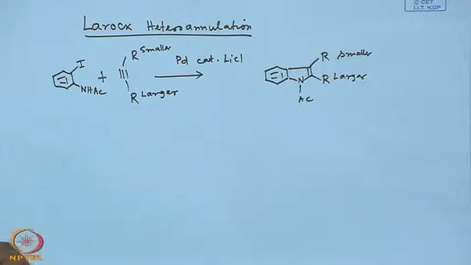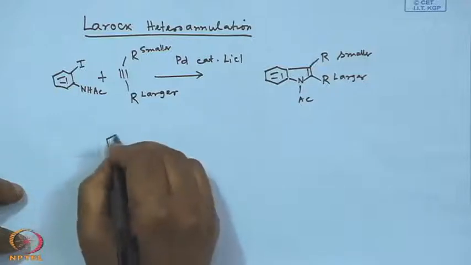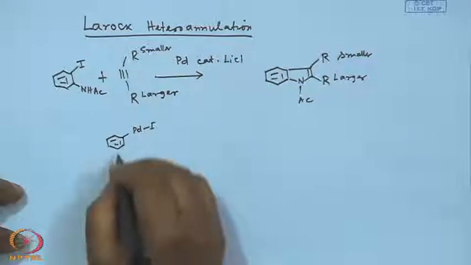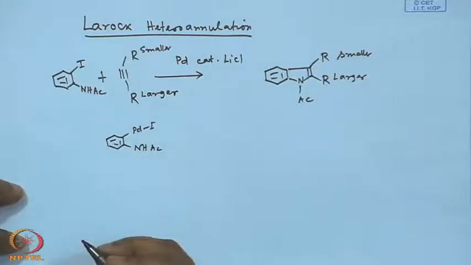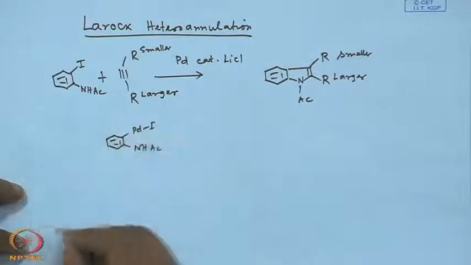Okay. And mechanistically, should I write? Mechanistically one can quickly think that palladium has a job to undergo oxidative addition, right. So, if you have palladium 0, it will undergo oxidative addition.